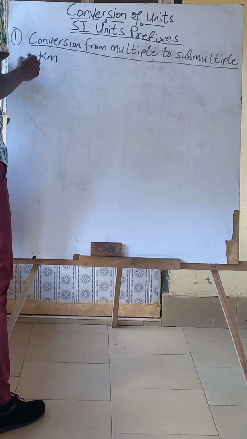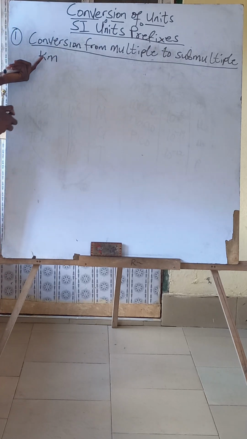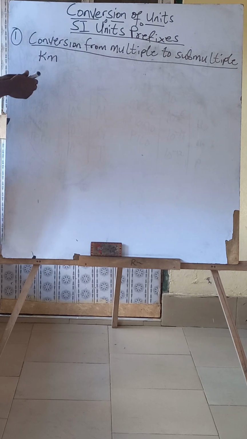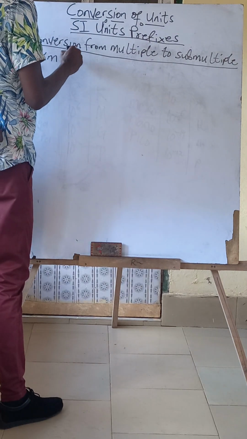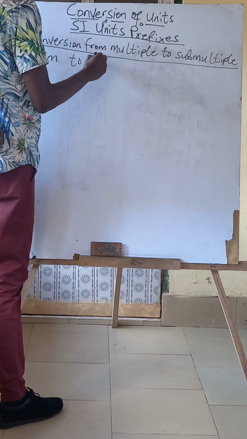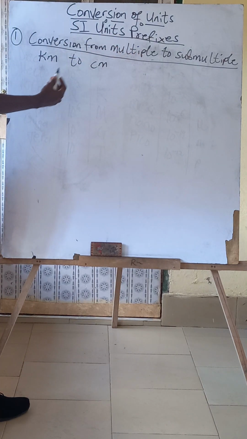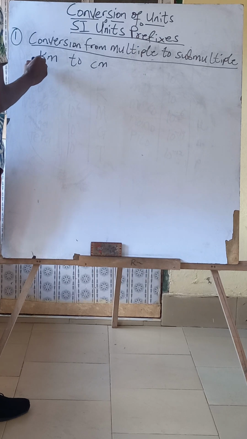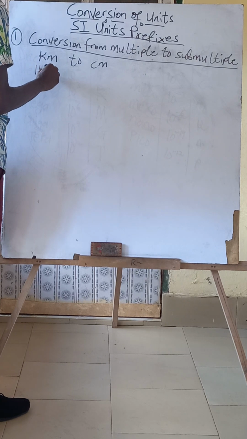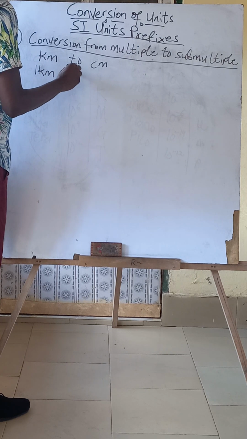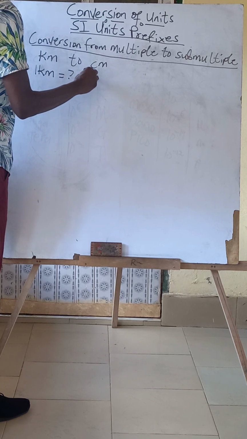Kilometer is a multiple. So let us consider conversion from kilometer to, let's say, centimeters. Centimeter is a sub-multiple. From what I wrote, I hope you now understand. So 1 kilometer is equivalent to how many centimeters? That is what we want to know.